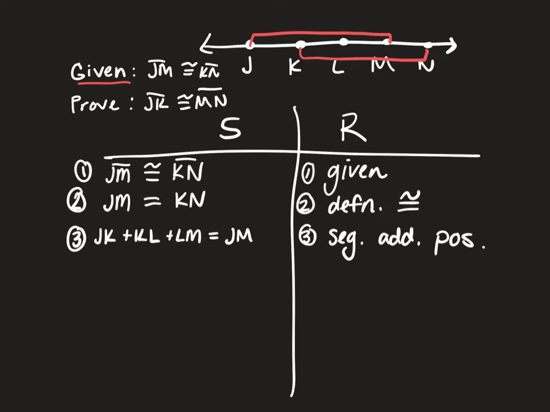All right, and then we need to do that for the other one. So we need to do that from K to N. Right, so then we're going to do kind of the same thing.